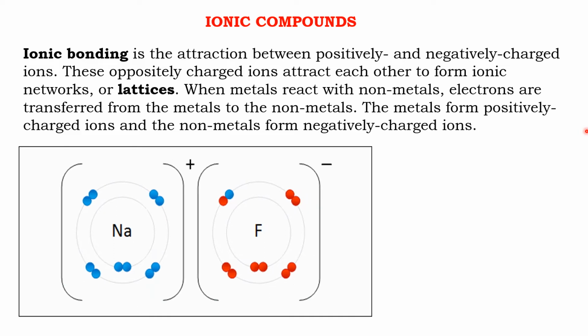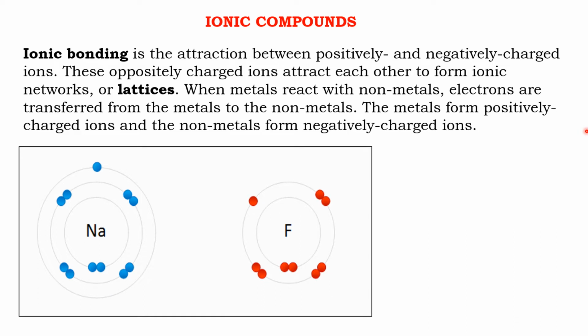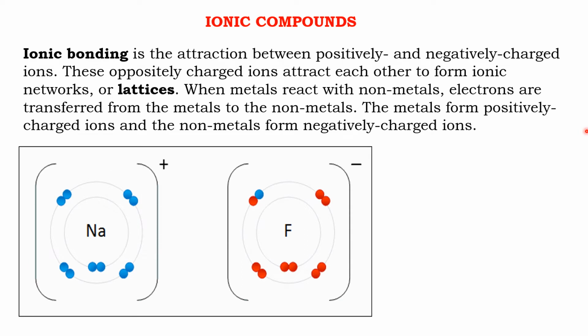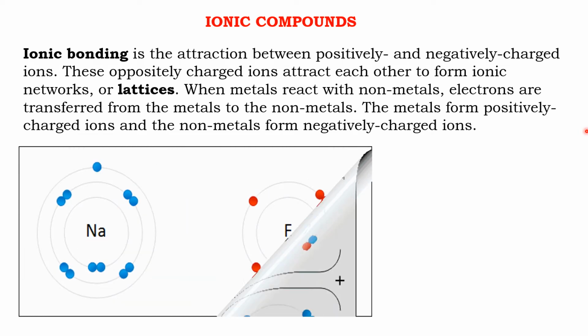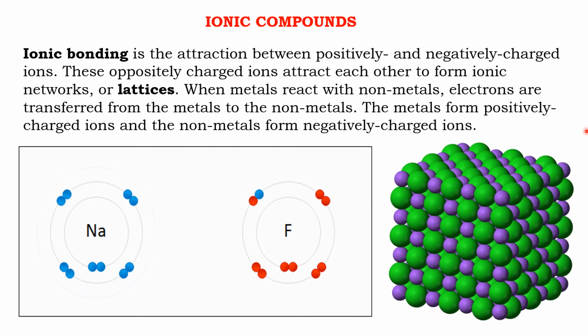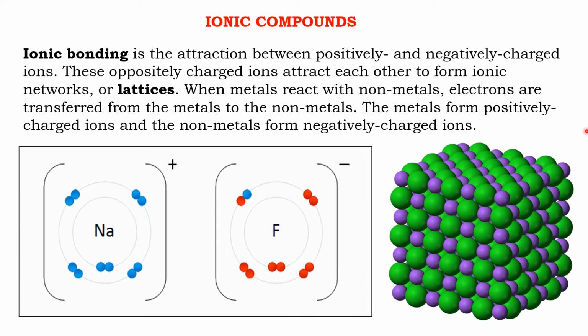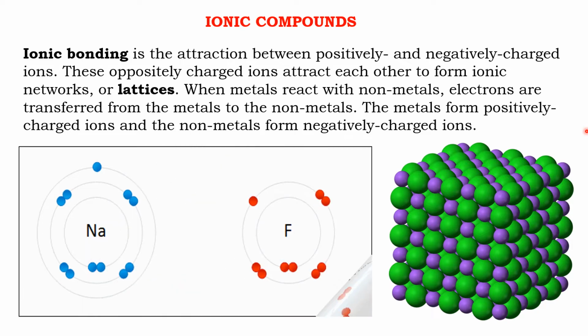We know sodium is an electropositive metal and fluorine is an electronegative nonmetal. So the transfer of electrons creates Na+ ions and F- ions. They have opposite charge. They are placed in the lattice at separate points, at separate distances, and it is called an ionic compound.